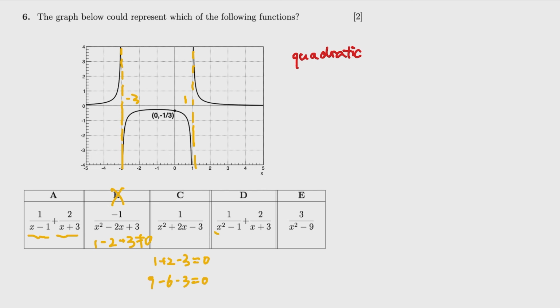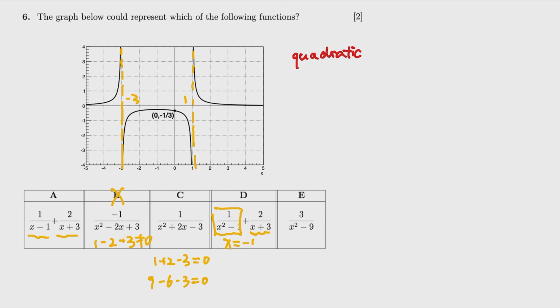Option D. When x equals 1, the first denominator is going to be 0. When x equals minus 3, the second denominator is going to be 0. However, D cannot be the correct answer, because when you put x equals minus 1 into the first denominator, it is also going to be 0.